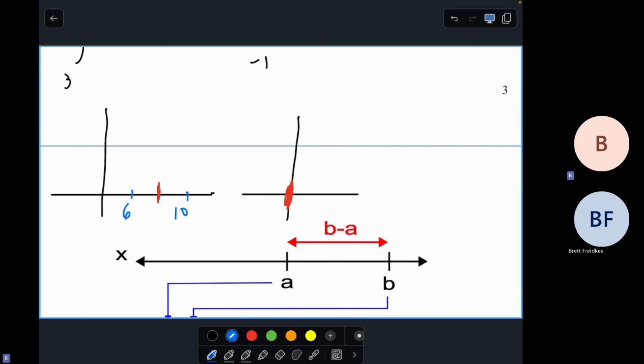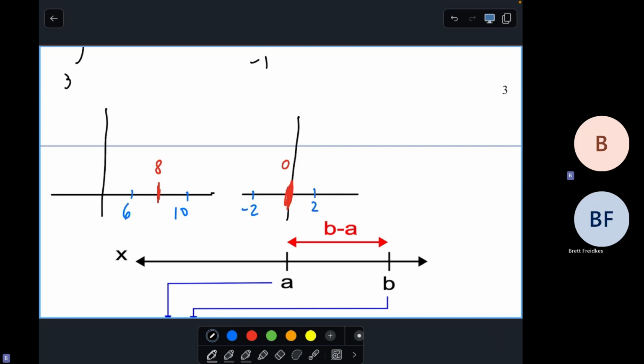So in this example, this happens to be 8, which means I need to shift it over by 8 to the left. So now it's 0. What is 10 going to become? 2. We shifted it over by 8. What is 6 going to become? -2. Well, that makes sense. It's symmetric about the y-axis. It should be positive and negative of the same exact number.